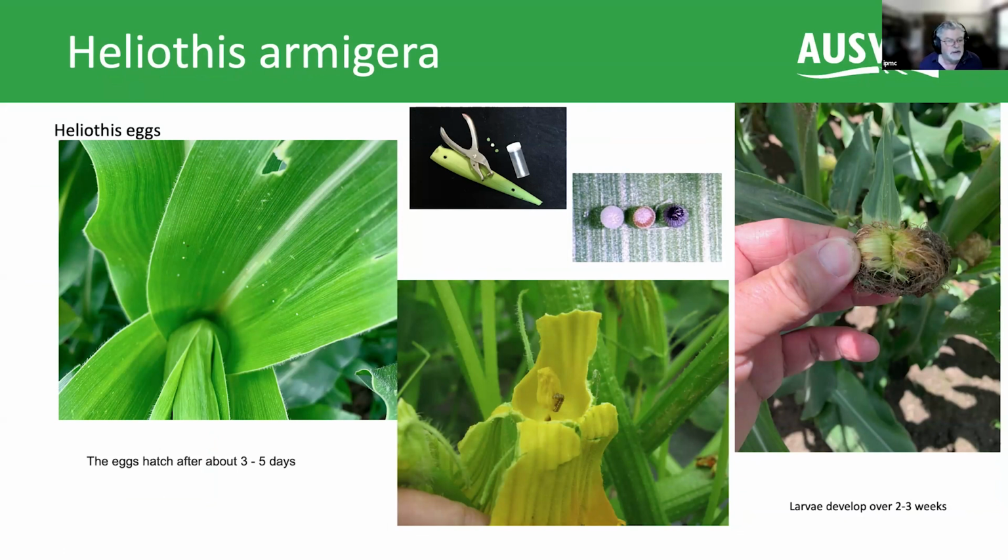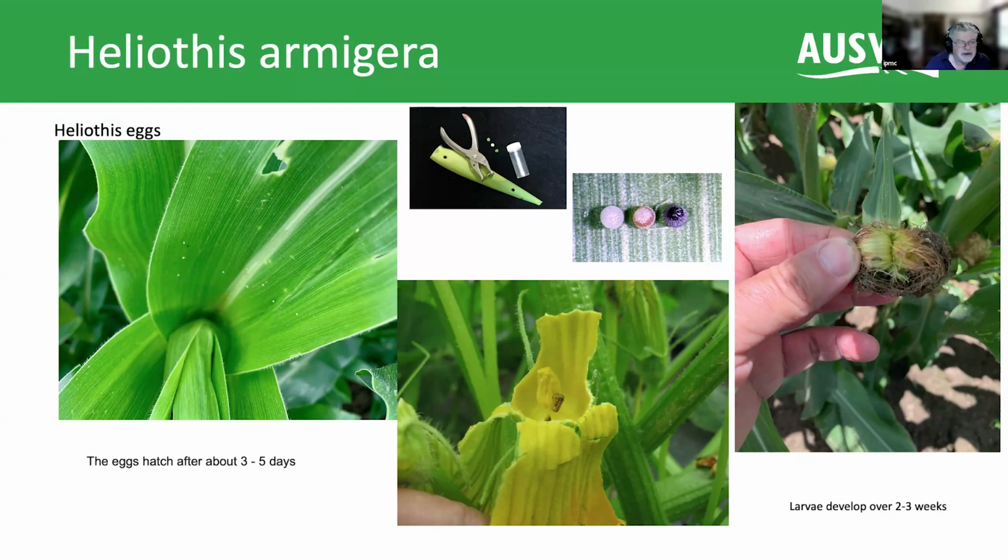In the sweet corn, it's usually around where the developing tassel is, and then in the silks or close to the silks as the cobs develop. In zucchini, they do lay them on the leaves, but the caterpillar will make its way into the flowers and actually spend some time in the flowers before eating its way out and doing more damage.